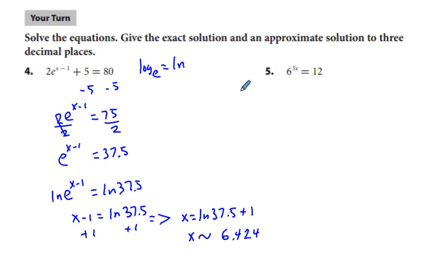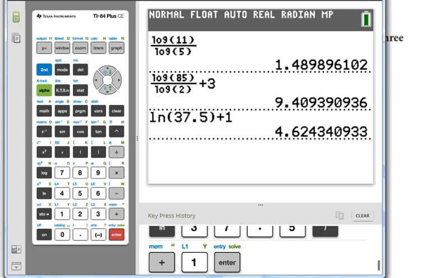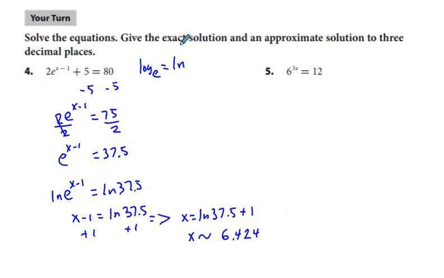Okay, and so really that's going to be it. Let me see, did I get that right? 6.424. Yeah, I just wrote it down wrong. There we go.